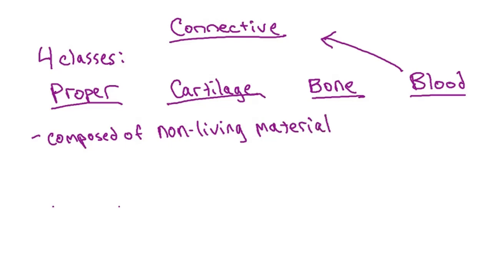and the Jello mold that I was talking about, by the way, when we're talking about connective tissue as a Jello mold, that is what is called the extracellular matrix.